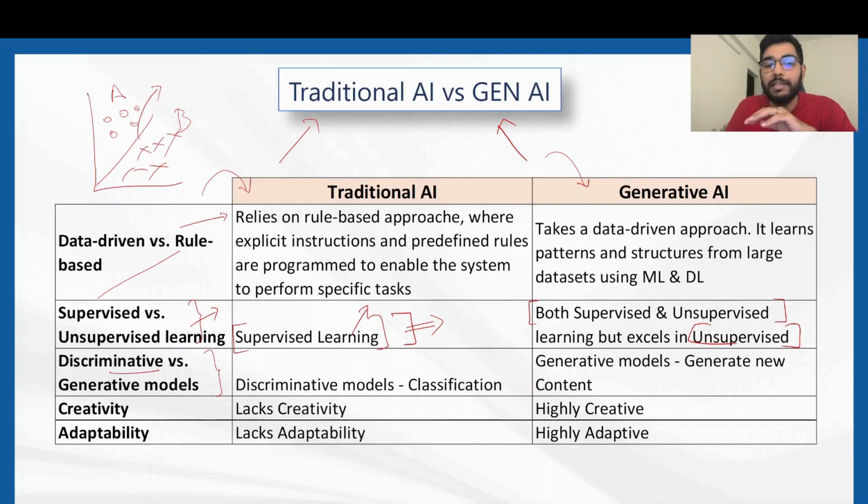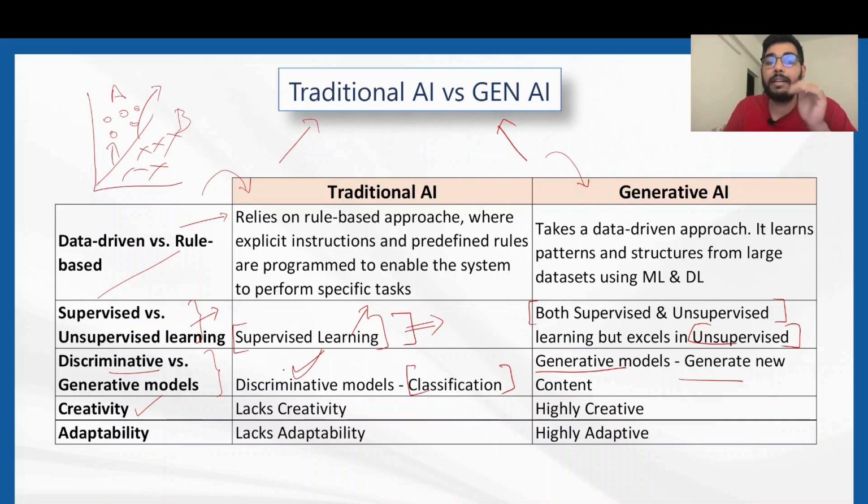So essentially traditional AI works on discriminative models, for instance classification models, which we just saw for decision boundaries, and generative models, since we know it, the primary task of generative AI models is to generate something new based on the historical data that they have learned from. They are based on generative models, right? Then the next point of differentiation is creativity.